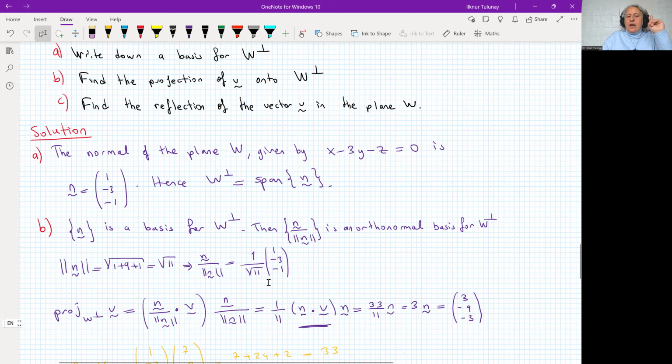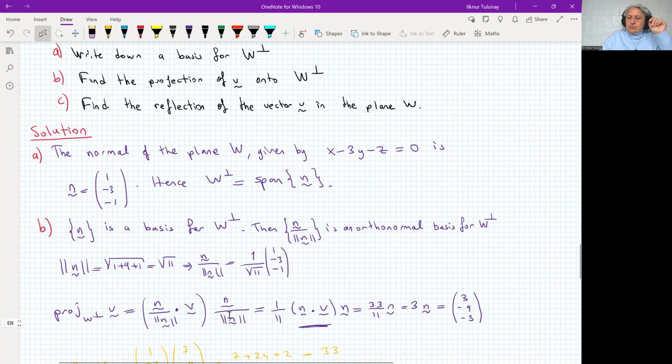Since we have only one vector, we need to calculate the projection of V on W perp, which will be the inner product of the basis element with V, and the linear combination of the vectors.